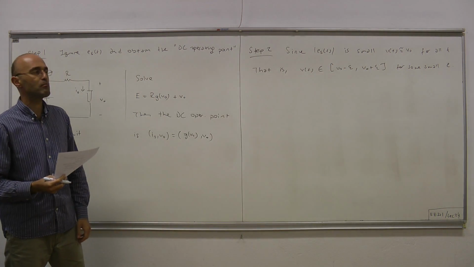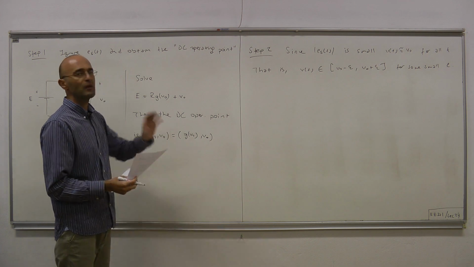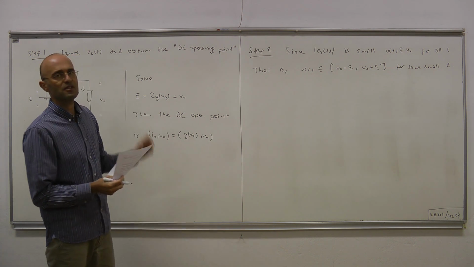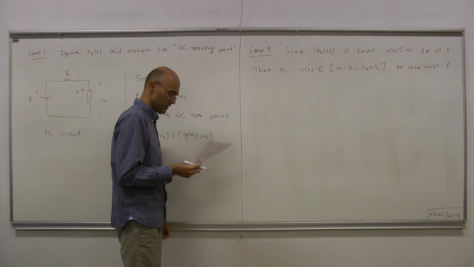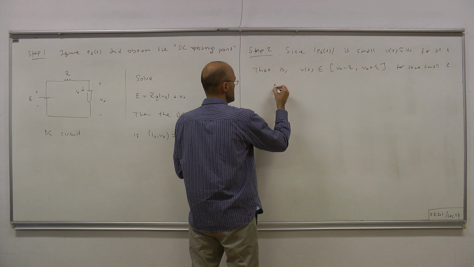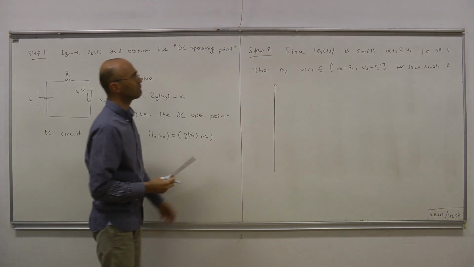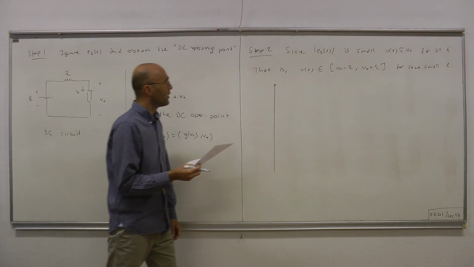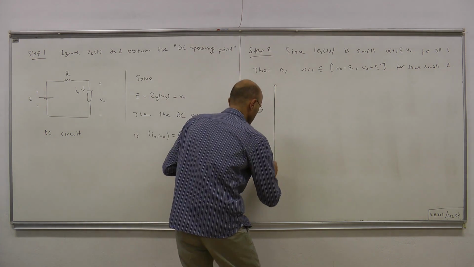It's not that important what epsilon actually is. All we have to know at this point is that it's something small compared to V0 at least. Then let's see what happens graphically.